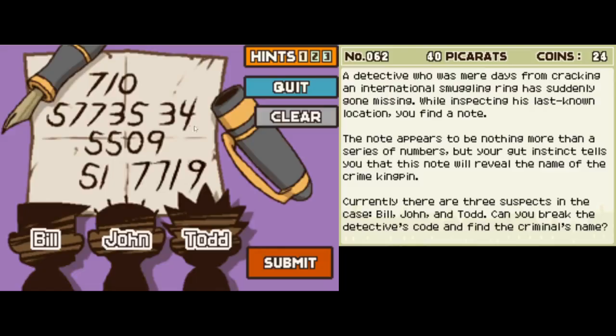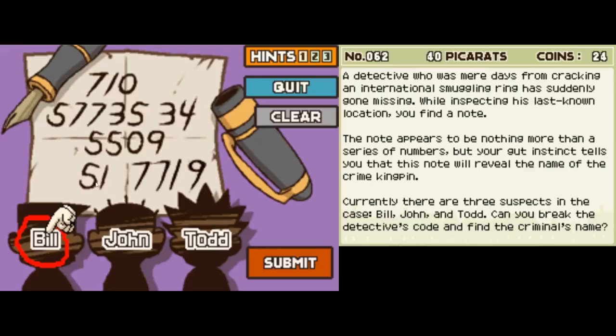So basically I'll be able to find the correct answer. Redraw the circle. Oh, yes, I know. Clear. So basically, 7719. When you flip it over, like rotate it, it'll say BILL. So your answer is Bill.